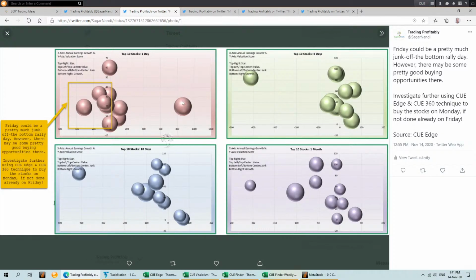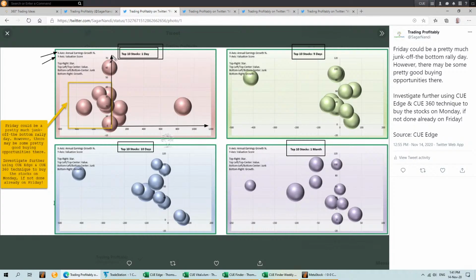However, when I look at the stocks that went up most on Friday, this is a value versus growth analysis. The top 10 stocks over 1 day, 5 days, 10 days, and 1 month. For now, let us focus on the 1 day period, Friday. The x-axis is yearly earnings growth, and the y-axis is valuation score.